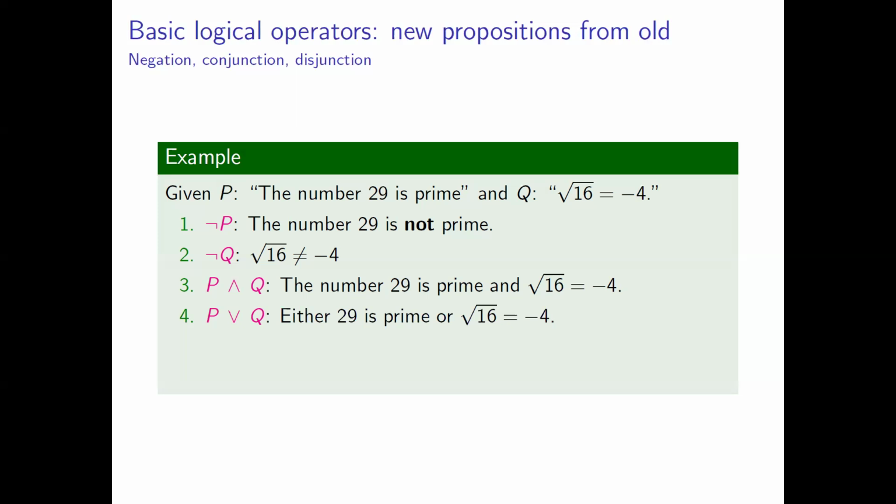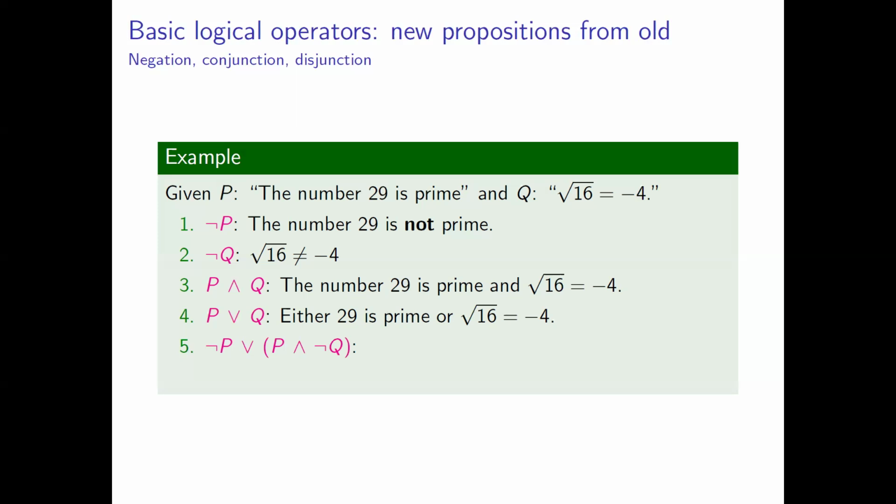It is possible for a propositional form to involve more than two propositions. In this case, we use parentheses and other grouping symbols to signify which combinations are to be treated as a single statement. For example, consider the form not P or open parentheses, P and not Q, close parentheses.